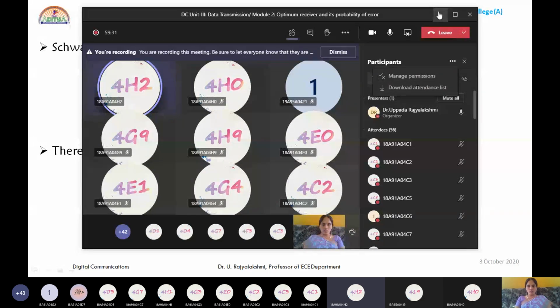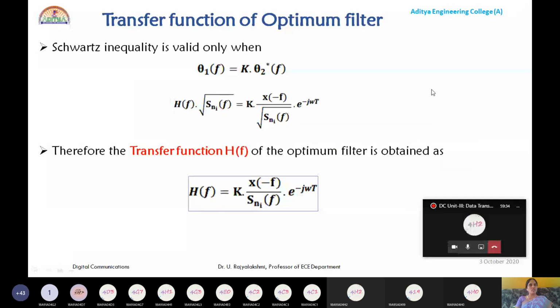Okay, very good. The Schwarz inequality is valid only when theta 1 of f is equal to k times theta 2 star of f, that is the complex conjugate of the second function.